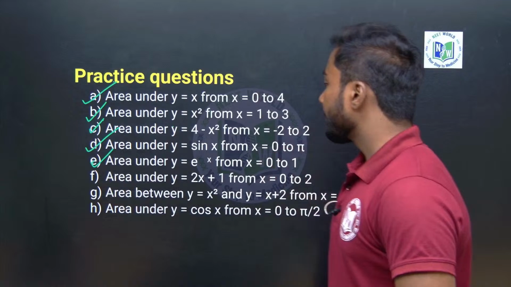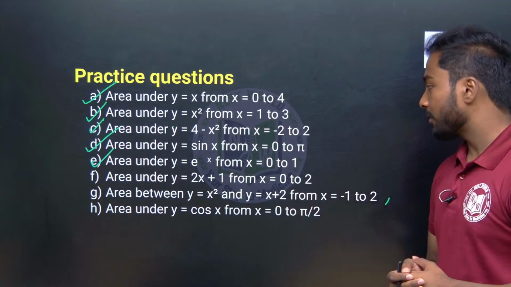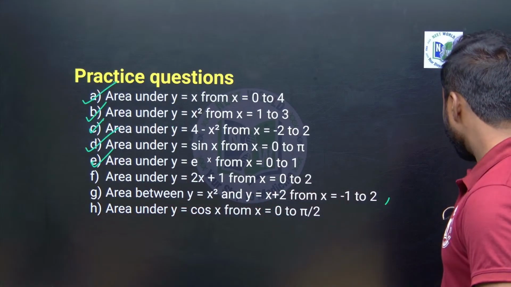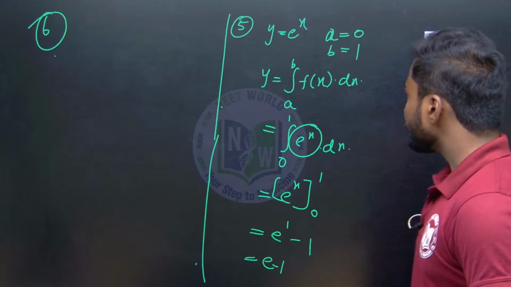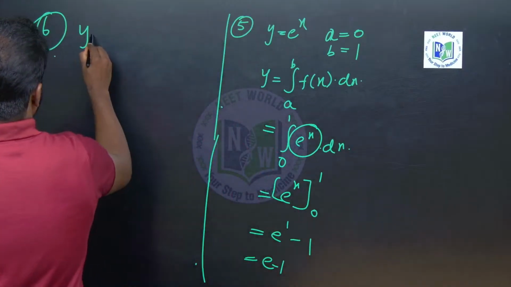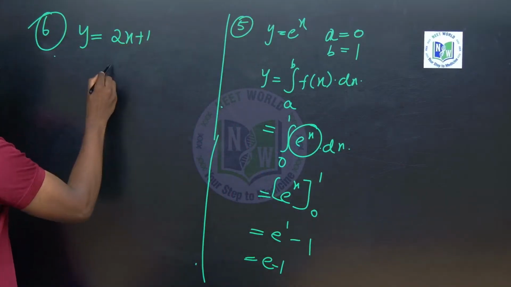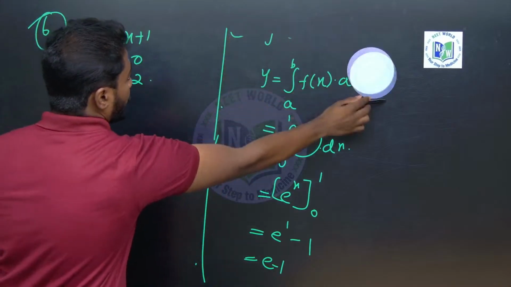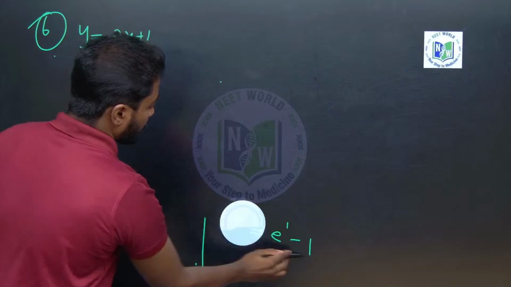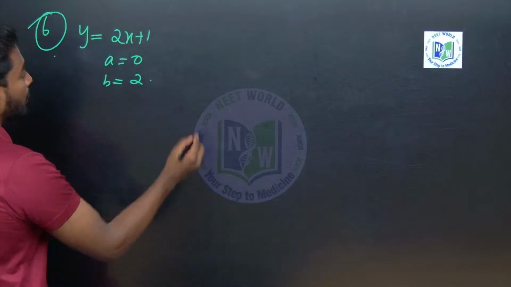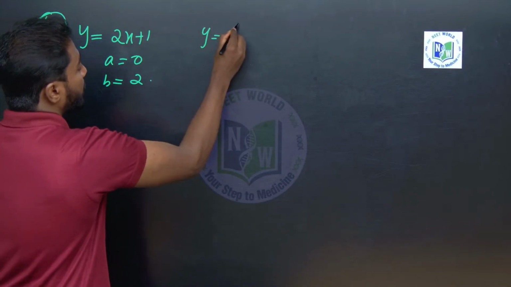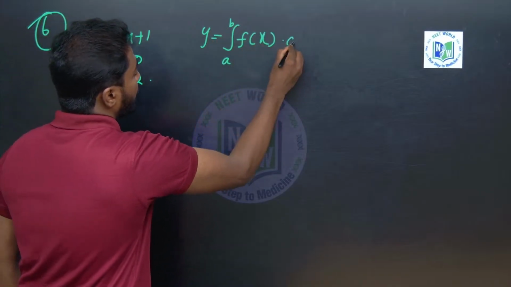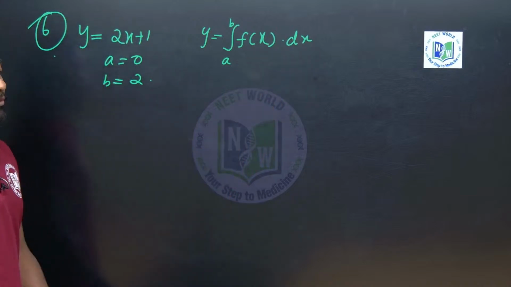Next is the sixth question, area under y is equal to 2x plus 1 from 0 to 2. 2x plus 1, a is equal to 0, b is equal to 2. So y is equal to the integral of a to b f of x dx formula.